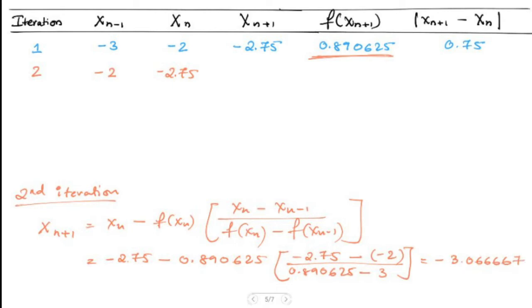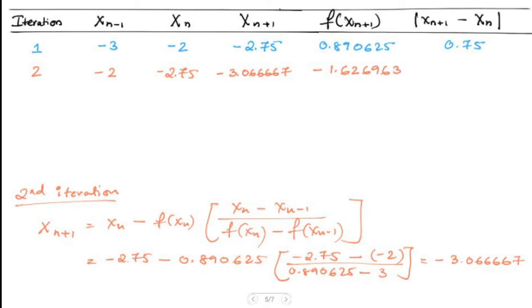Okay, that's up to 6 decimal places. So here now we have minus 3.066667. Now if you put the value of xn plus 1 in the function, the value that we get now is minus 1.626963.